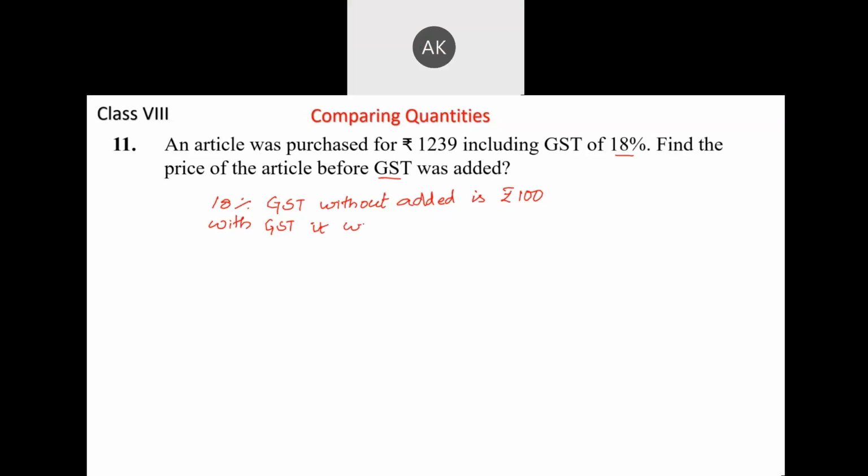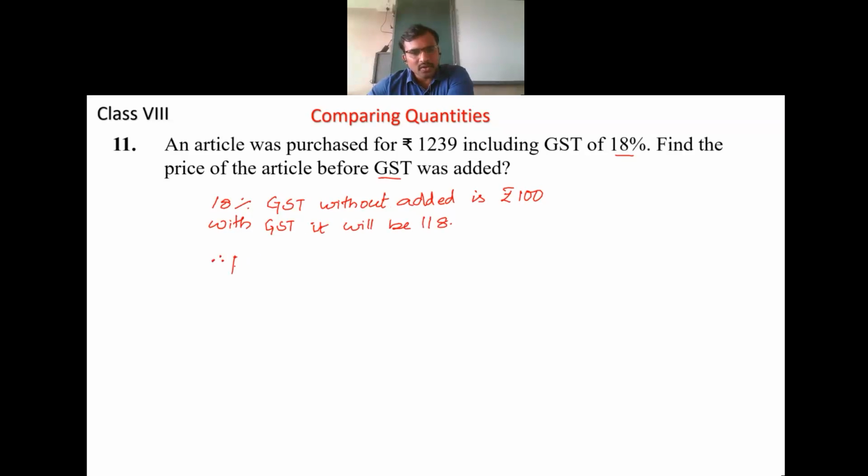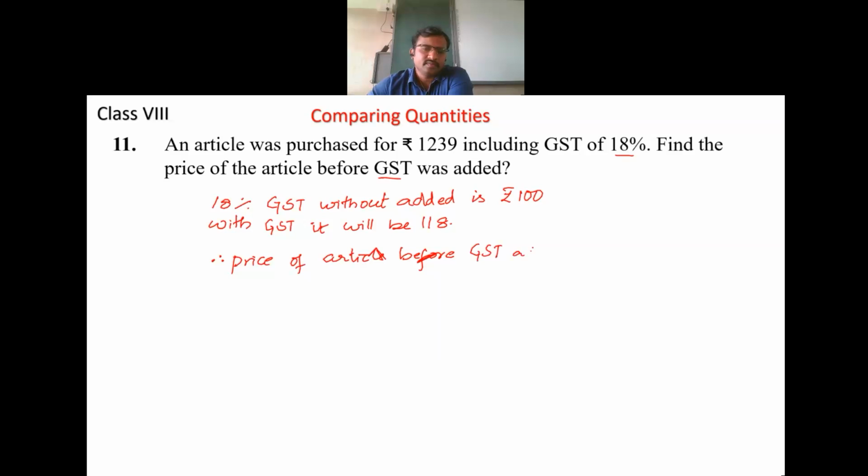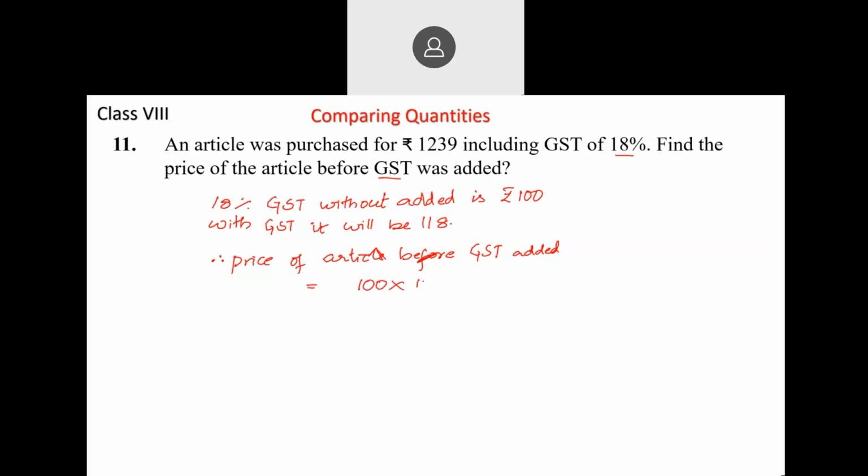Therefore, the price of the article before GST was added is equal to 1239 into 100 by 118, that is 1239 divided by 118.